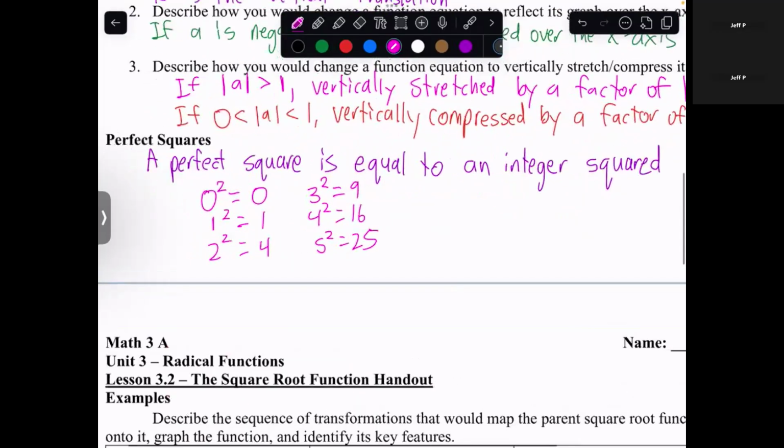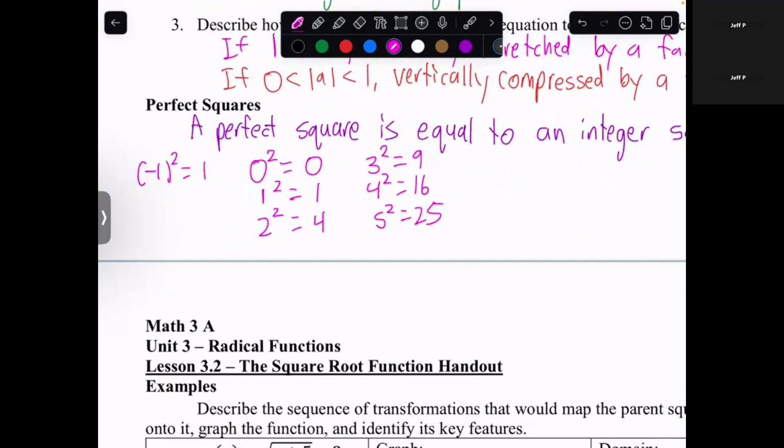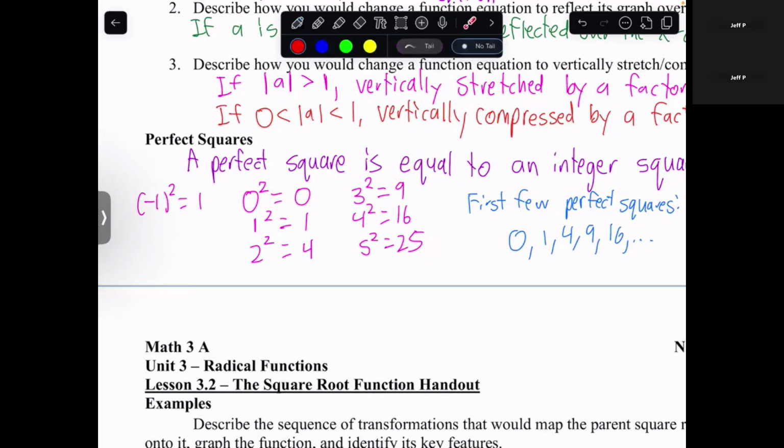Technically, you could go backwards. You could do -1 squared, but negative numbers times themselves are still positive. Okay, so we really want to know the first few perfect squares. Looking at our list, 0, 1, 4, 9, 16, and so on. That's great. That'll help you with the next part.